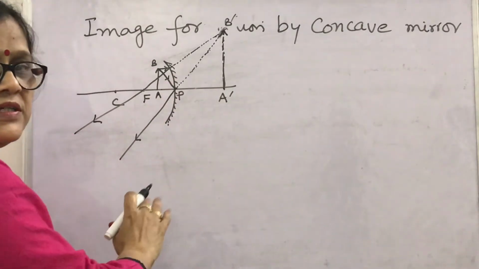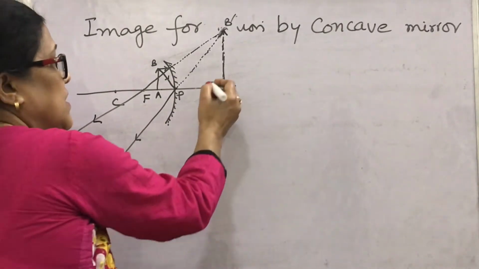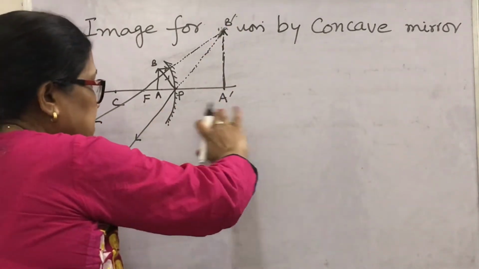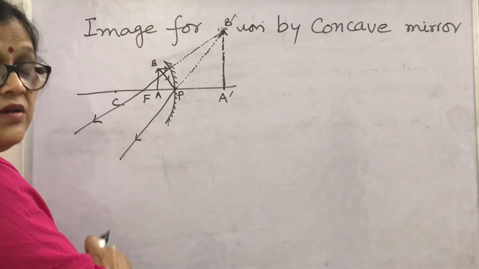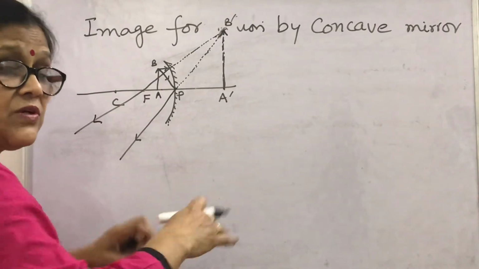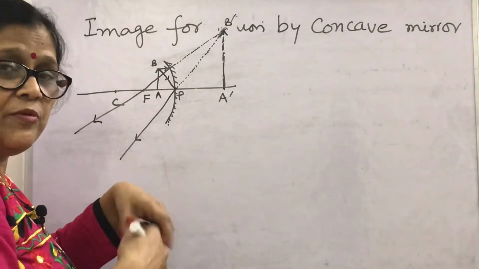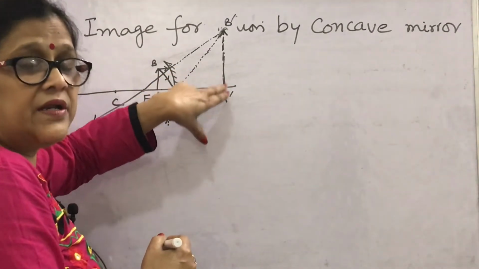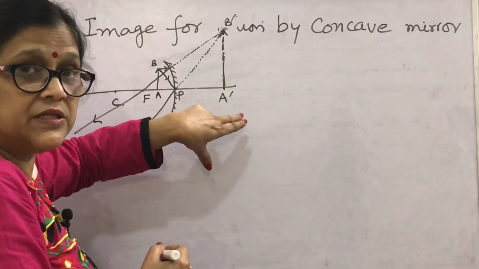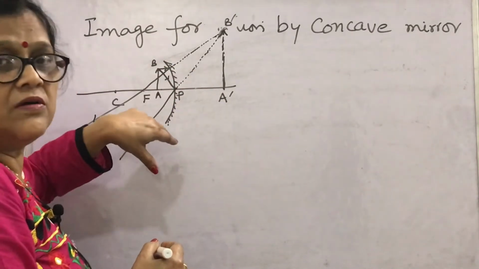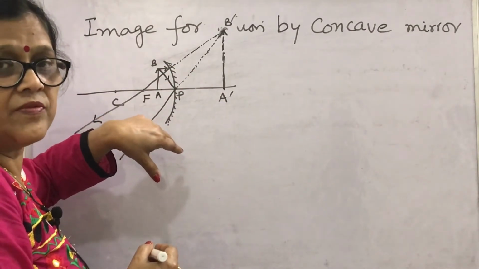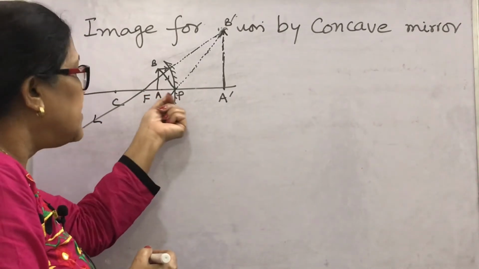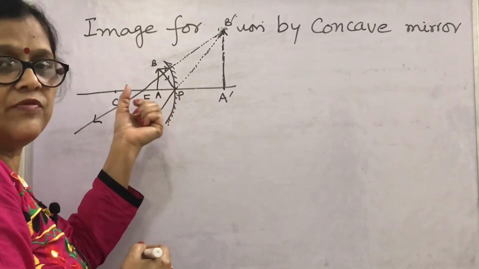What about the characteristics of the image you will write? Enlarged, virtual, inside the mirror. Learn these characteristics. And what question can be asked? Where will you put the object to have an erect, upright, enlarged, virtual image from the concave mirror? Then you will answer that the object is to be kept very near to the mirror, that is between pole and focus.